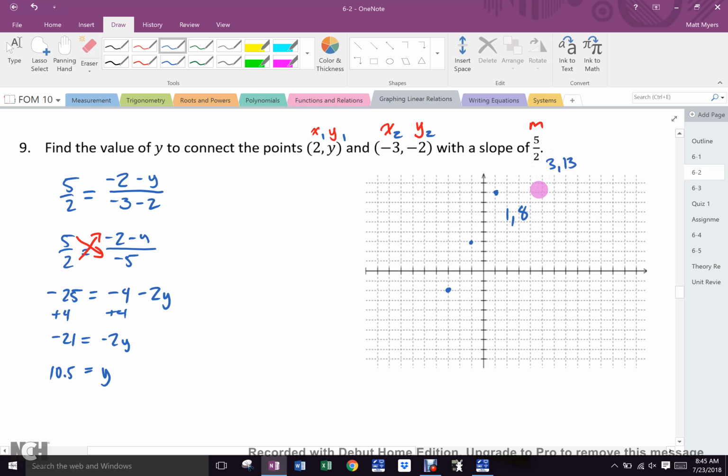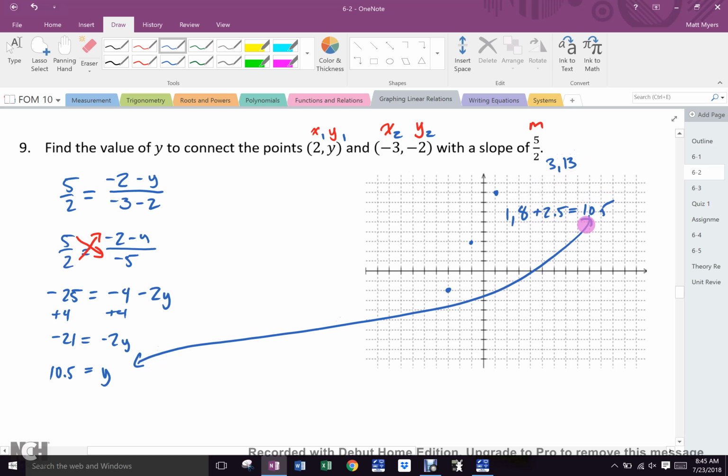So I must need the y value that is halfway between 8 and 13. How far is it from 8 to 13? 5. So I need half of 5, which is 2.5, right? What's 8 plus 2.5? 10.5, which gives me the same answer.